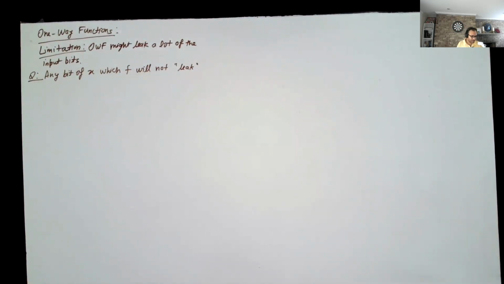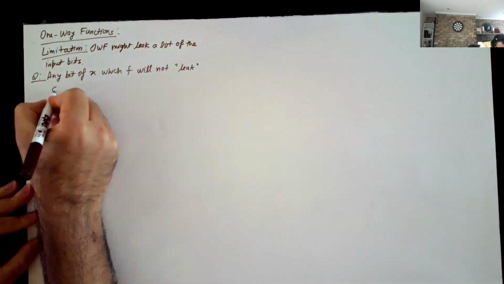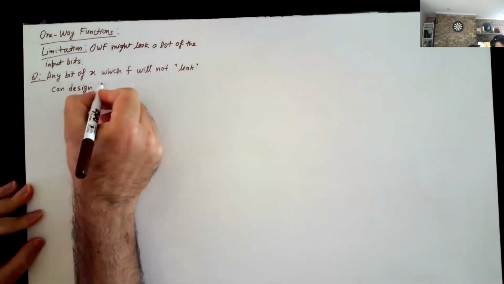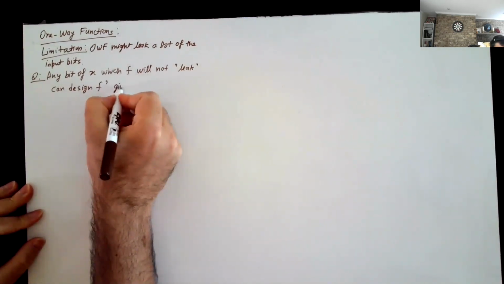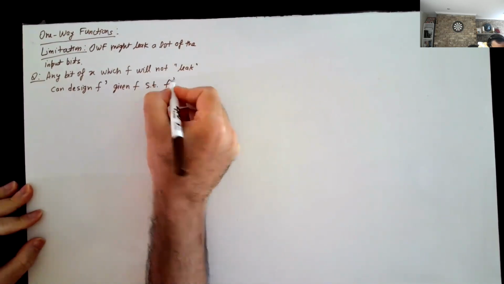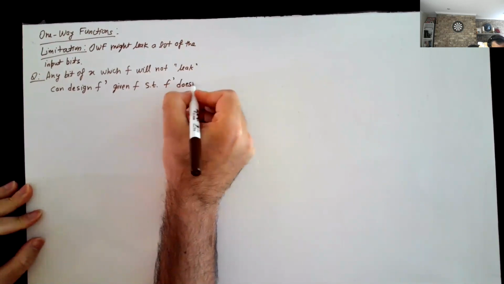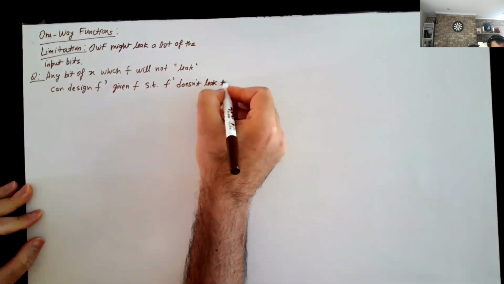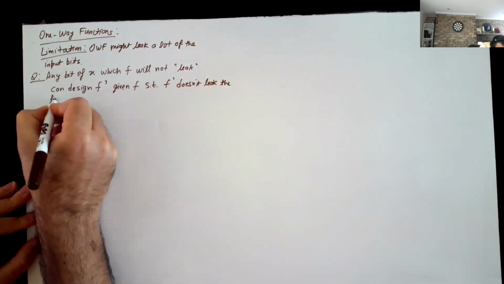Now the first observation is that it's actually very easy to design one-way functions which don't leak some specific bit. Given f, you can always design a one-way function f prime such that f prime doesn't leak, say, the first bit.